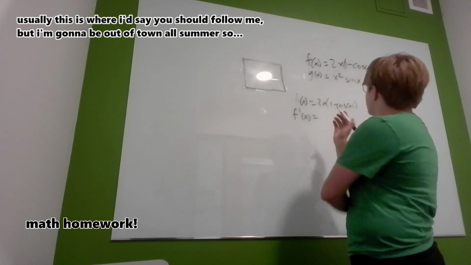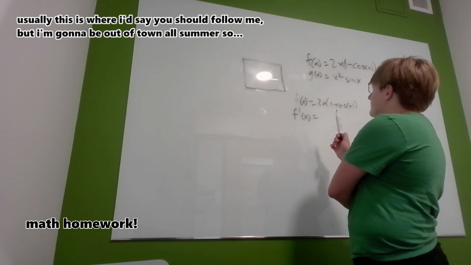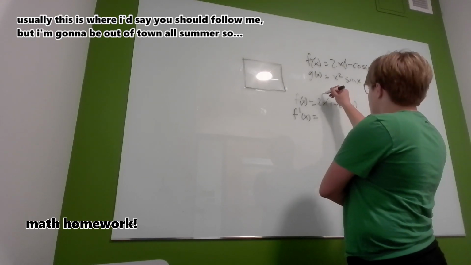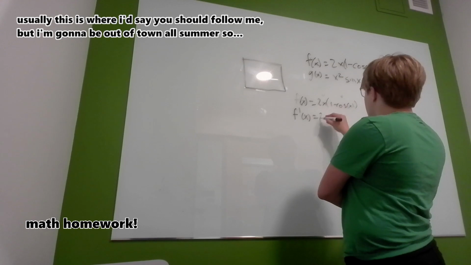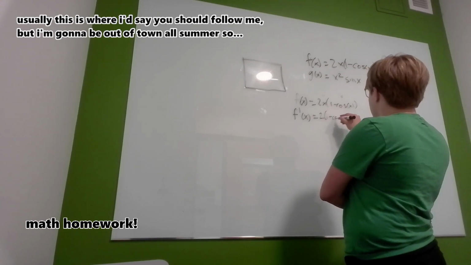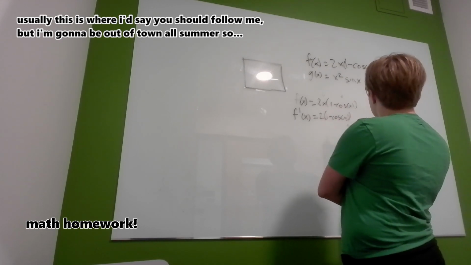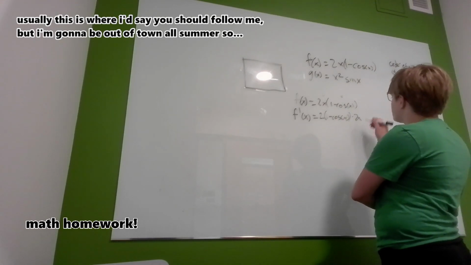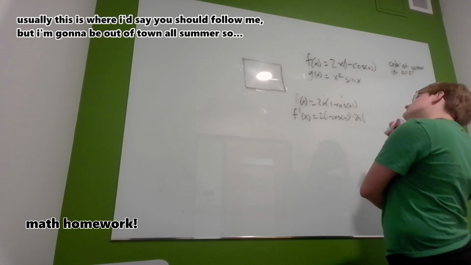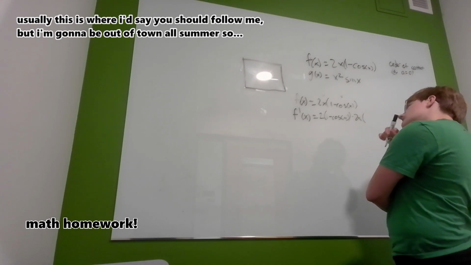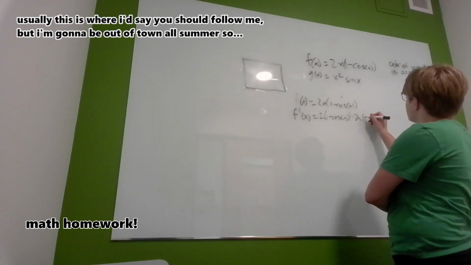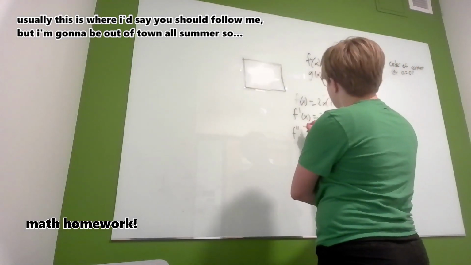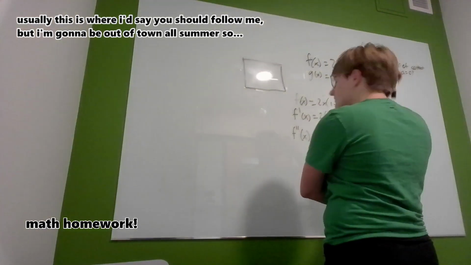The derivative is the product rule, so u prime v plus u v prime, where the derivative of 1 minus cosine x is negative negative sine, which is just sine x.